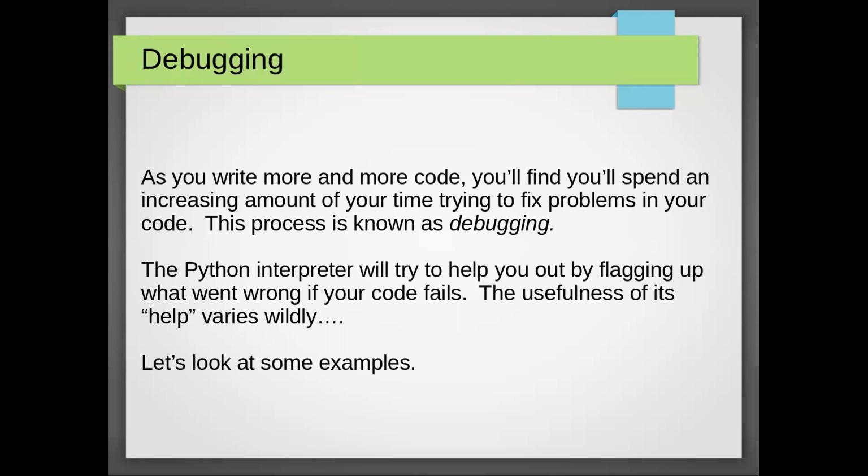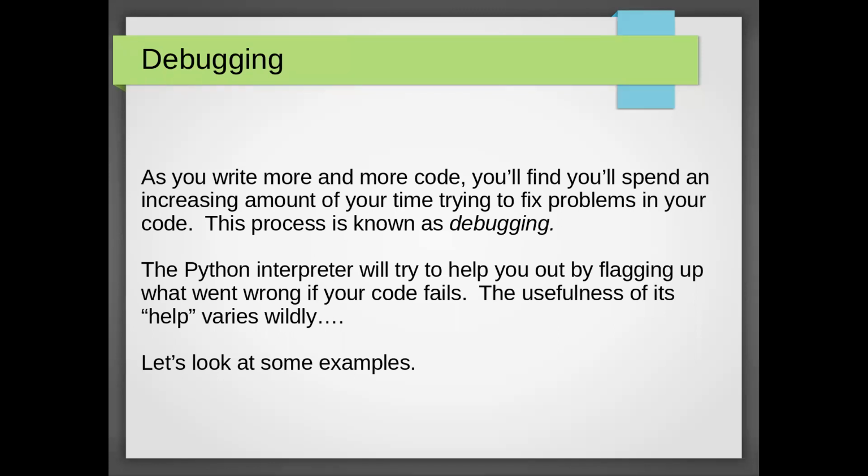And unfortunately, that's just par for the course of being a coder. You will have to debug, things will go wrong, and you will have to try and find what's going wrong in your code. Trying to find the errors and fix those problems in your code is a process known as debugging, to remove the bugs. Or if you get very tired of it, keep it in and call it a feature.